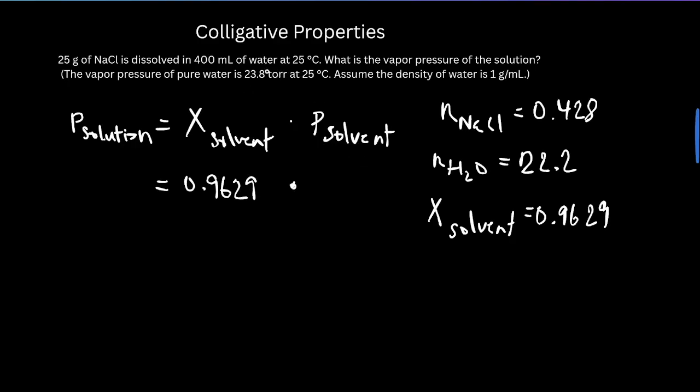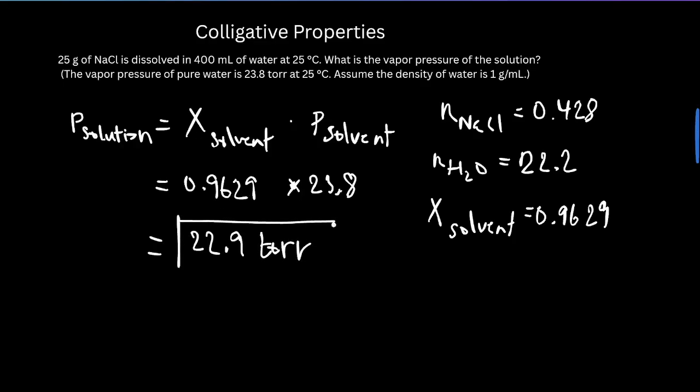The vapor pressure of pure water, our solvent, is 23.8 torr. So 0.9629 times 23.8 torr, and our answer here is going to be equal to 22.9 torr. That here is going to be the vapor pressure of this solution.